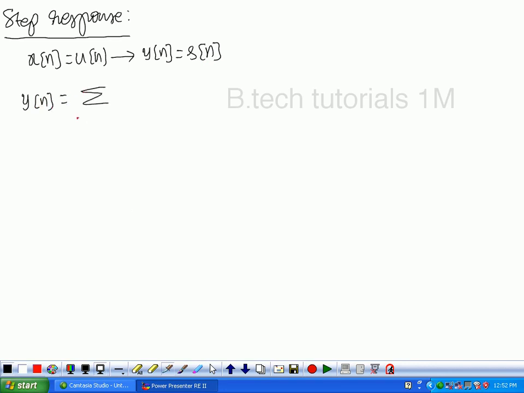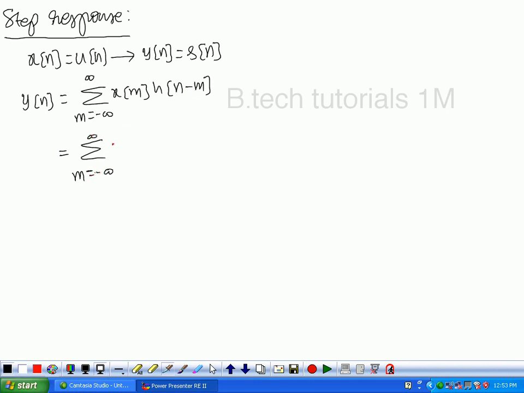We know that this is equivalent to the summation from minus infinity to plus infinity of x of m, h of n minus m. Is that right? So this is equivalent to the summation from minus infinity to plus infinity.